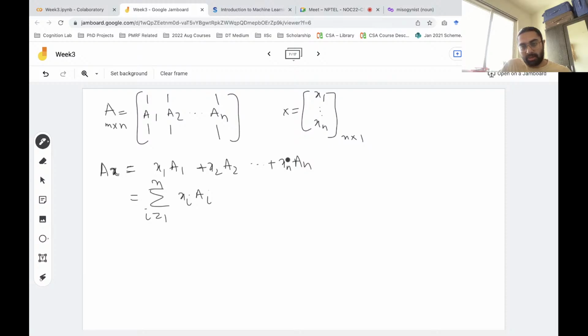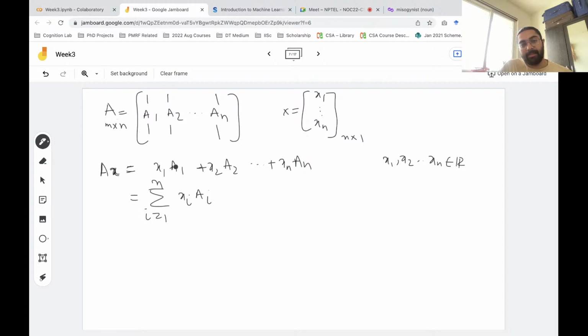And understand the point here that x1, x2, until xn are just scalars. So I'm just multiplying a scalar with a vector, because A1 is one column of this matrix A.